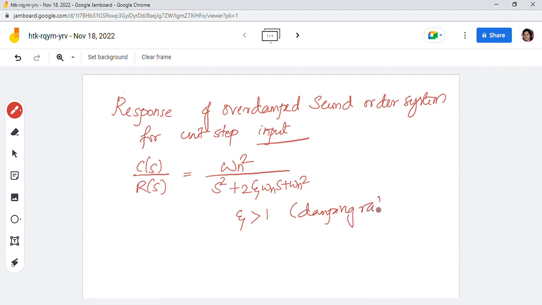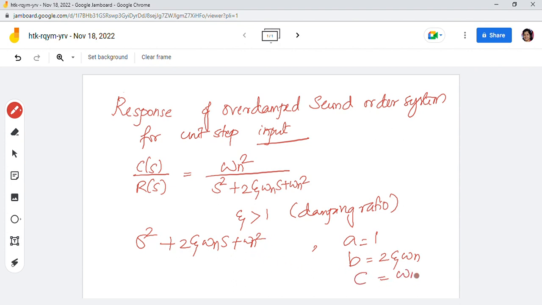We know that eta is the damping ratio. Now, we can factorize s square plus 2 eta omega n s plus omega n square. How can we factorize? We can say a is equal to 1, the coefficient of s square, b is equal to 2 eta omega n, the coefficient of s, and c is equal to omega n square.